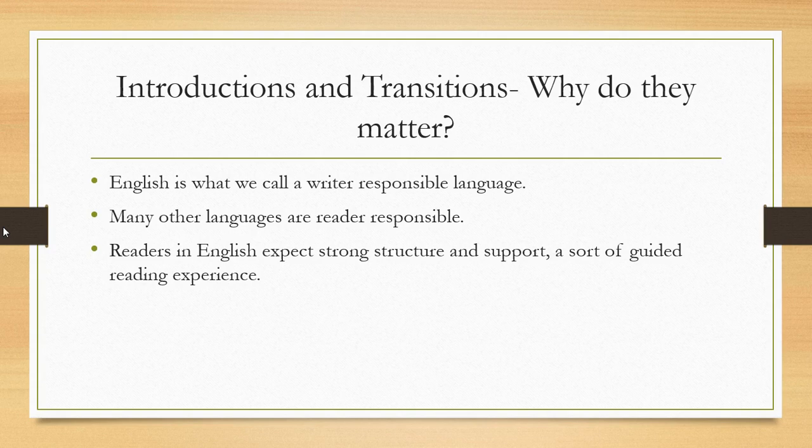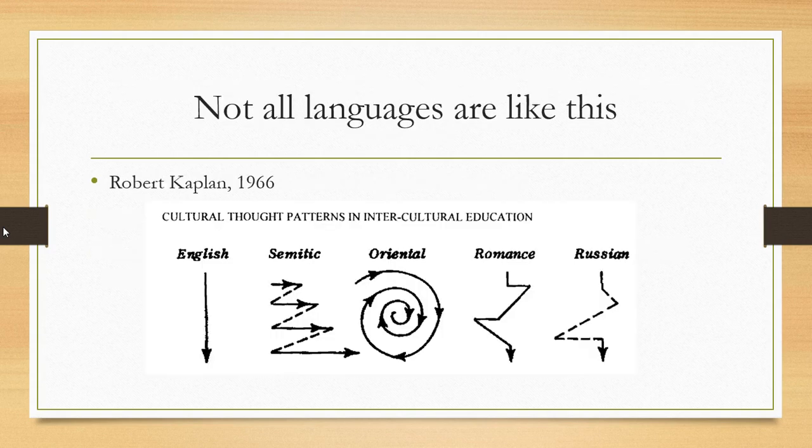So, when we think about things like logical organization and how we help the readers get from one place to another, it's important to realize that what we think of as logical organization in English isn't the way that everybody else organizes.